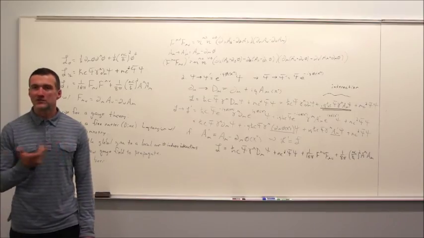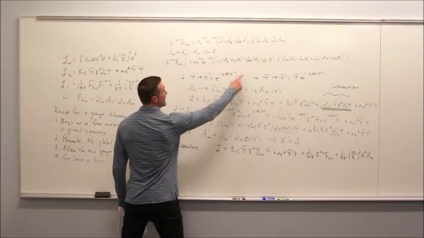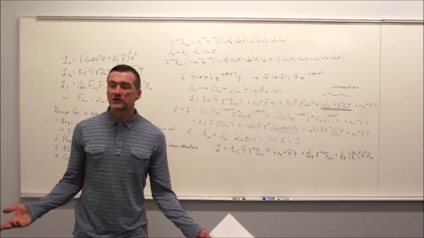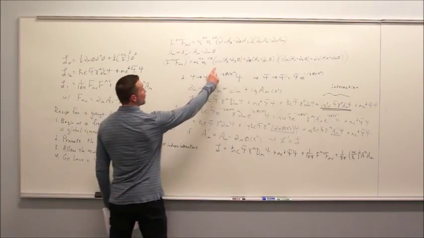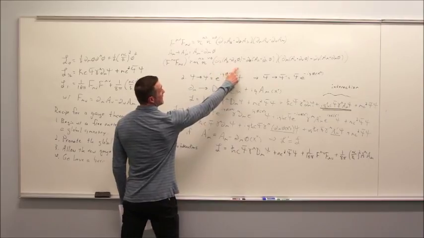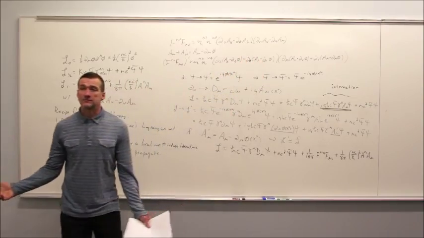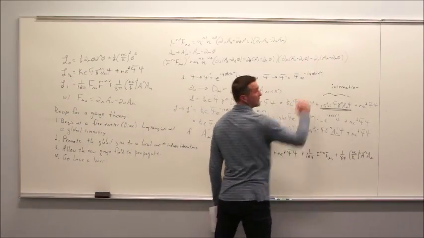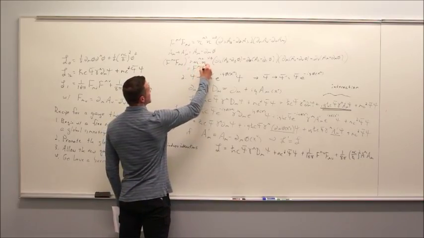It's the order in which the partial derivatives are acting. Here you have d lambda d beta, here you have d beta d lambda. But what do we know about partial derivatives? They commute. So this term will be minus d lambda d beta, this term will be plus d beta d lambda. Those are going to cancel. And in fact, the same thing is going to happen between these terms. So all I'm going to be left with at the end of the day is exactly the expression I started with.